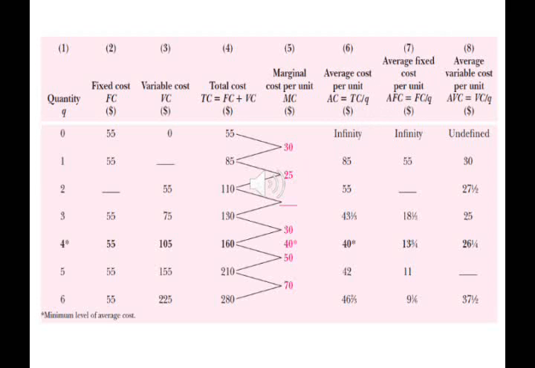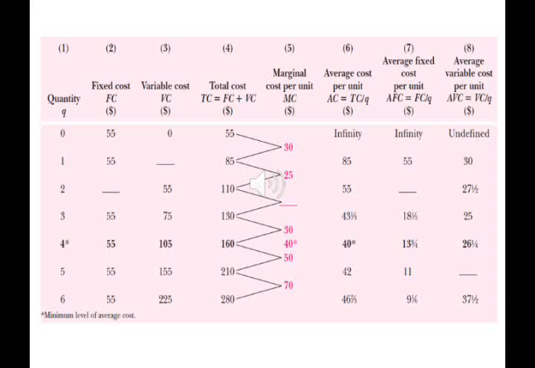So let's look at Q equal 1. When Q equal 1, the average cost in this case was 85. What about increasing Q to be Q equal 2? In this case, the marginal cost of producing this extra unit of output is 25. And this 25 is lower than the previous average cost, which was 85. So what will it cause to the new average cost?